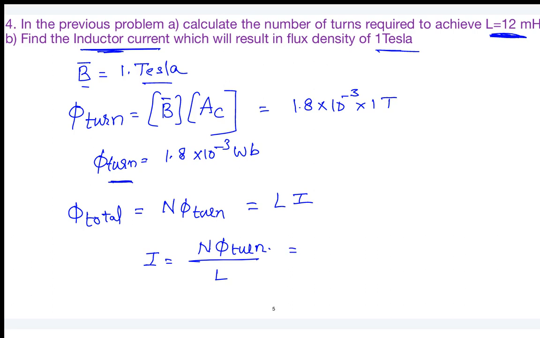N you are getting as 110, right? Into the flux per each turn, 1.8 into 10 power minus 3, divided by the inductance, 12 millihenry. So you can calculate.